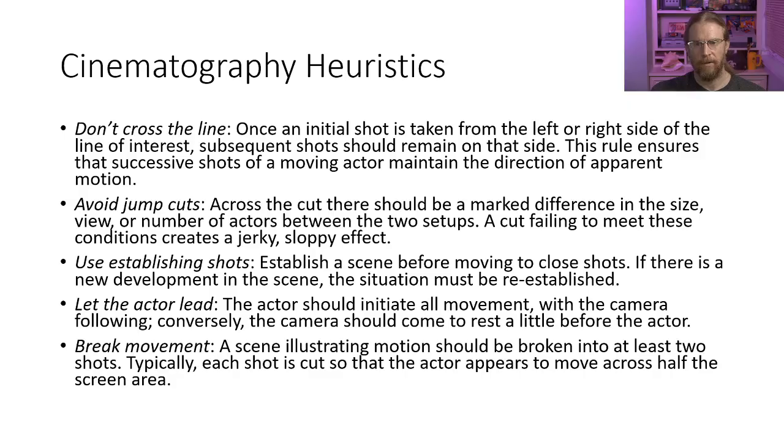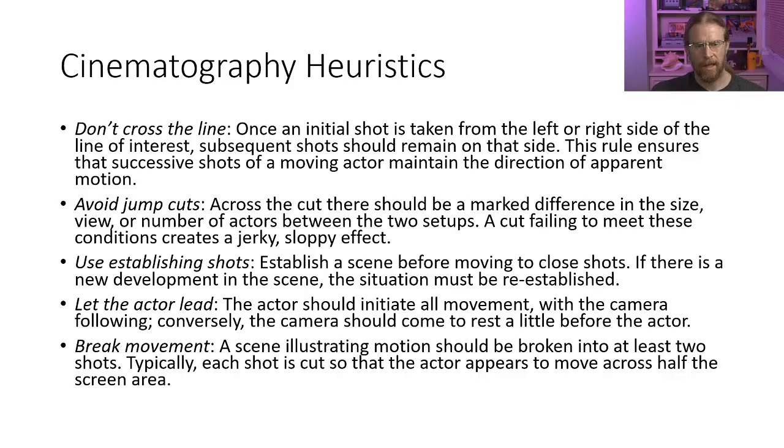Same thing if you watch sporting events like football or soccer: during the same period of gameplay, you don't swap the cameras to the other side of the stadium, because your audience gets confused about the direction of the action.